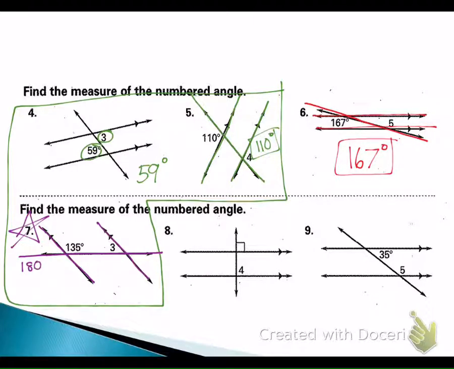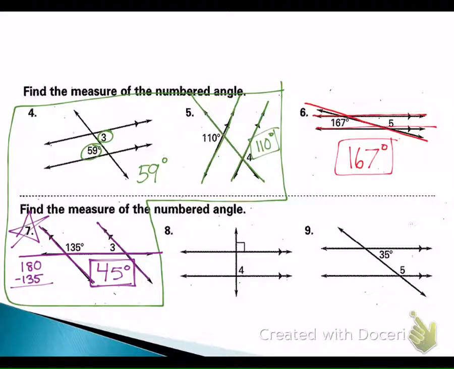So we're going to do 180 minus 135. 45, right? Okay, so that's the one you've got to keep an eye out for: same side interior.